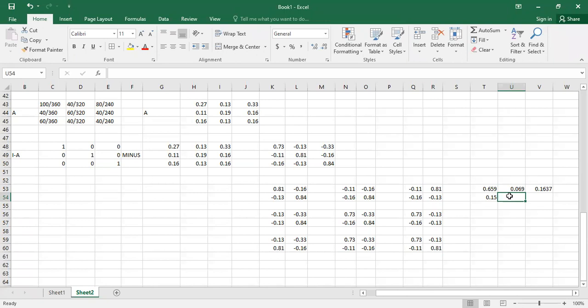Who was doing the fifth one? Sarita. 0.949 minus 0.116576.